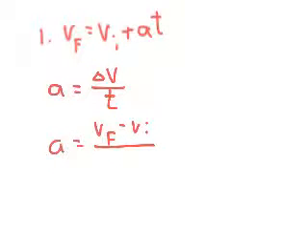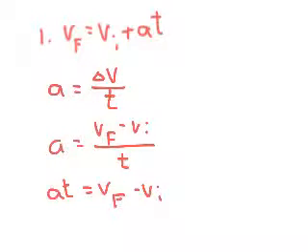So v sub f minus v sub i is delta v over t. If you just rearrange this, multiply both sides by t, we'd have a times t equals v sub f minus v sub i. And then just add the v sub i to both sides. You end up with our first equation in uniform acceleration, just a restatement of the definition of acceleration. That would be v sub f equals v sub i plus at.